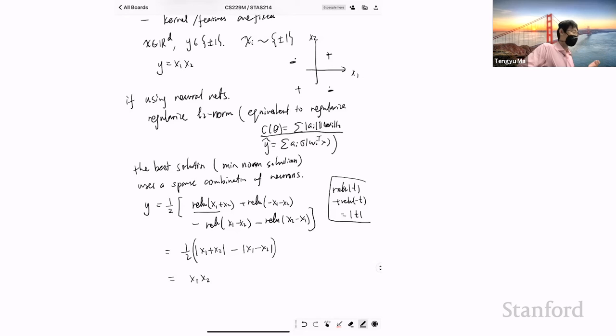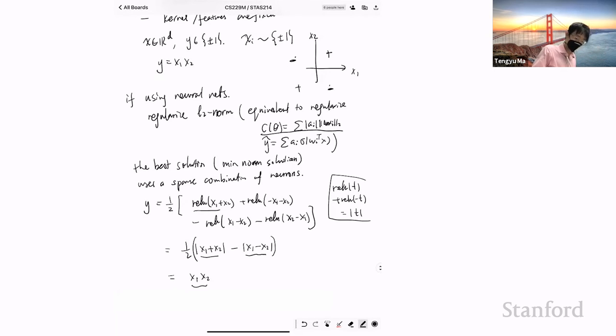If x1 and x2 have the same sign, then the second term becomes 0 and the first term becomes 2. If x1 and x2 are either both 1 or both minus 1, the product is 1. And if x1 and x2 have different sign, then the first term is 0 and the second term becomes 2. Wait, why am I having a half here? Oh yes, and you multiply by half, and you get minus 1, right?